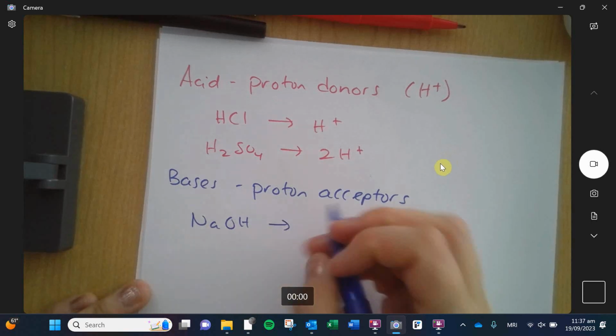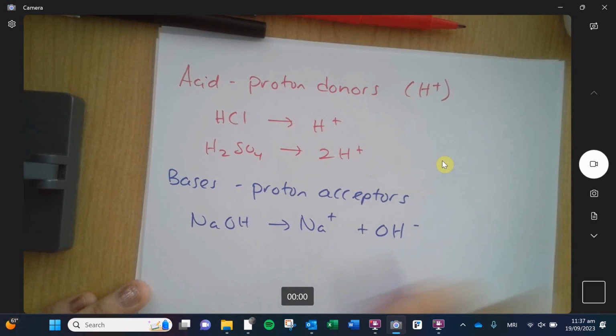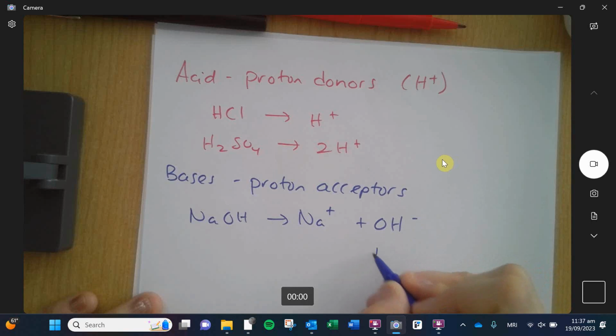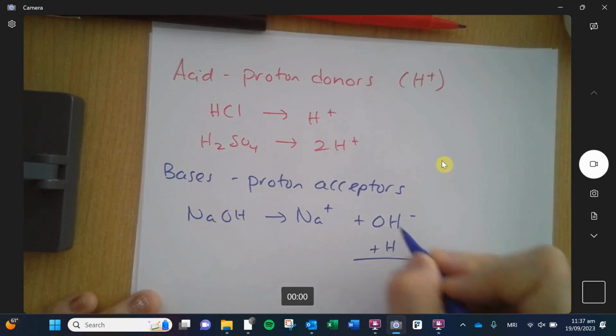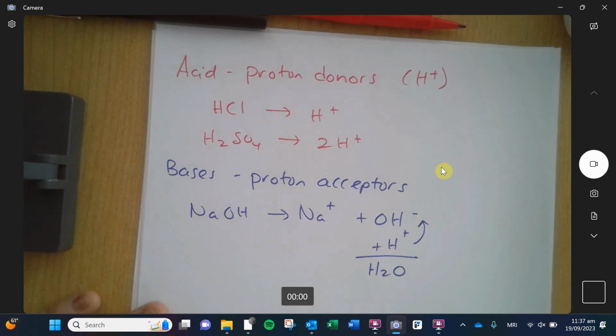When this goes into water, it forms Na+ and OH-. Now, what that hydroxide does is combine with a hydrogen ion and make water. So that's how it's accepting the proton.